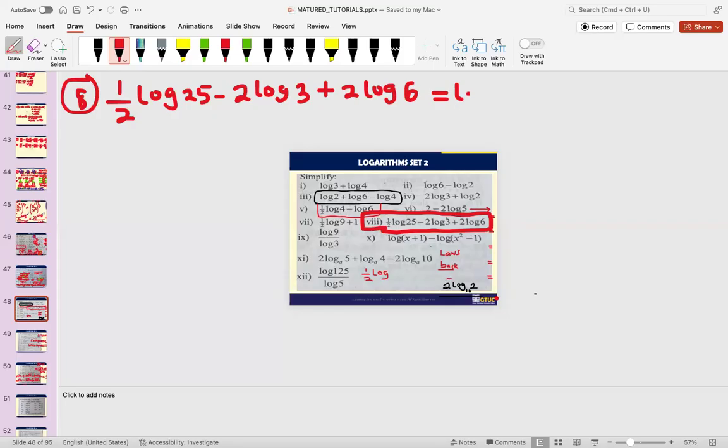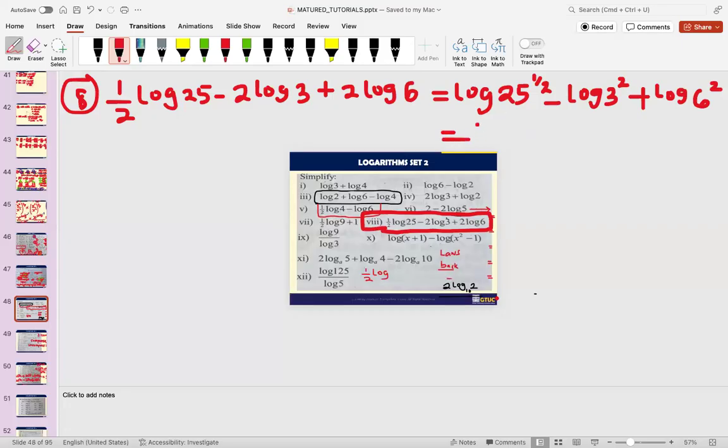In rewriting, we have log 25, where the half will come and sit on top here like this, minus the 2 is also moving to sit on top of 3, so minus log 3 raised to the power 2, plus this 2 is also going to sit on top of the 6. We have log 6 to the power 2.